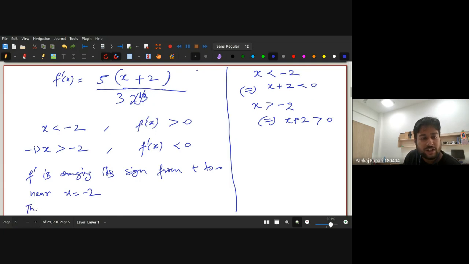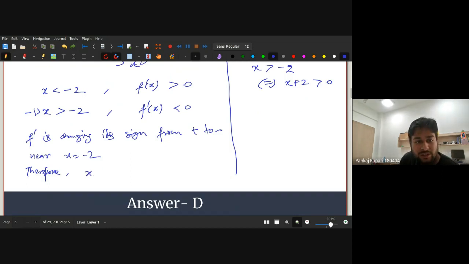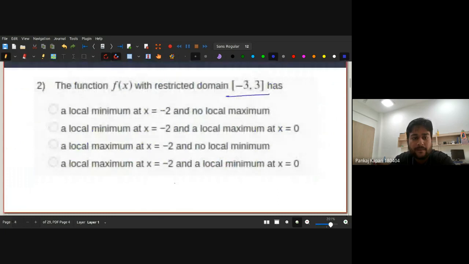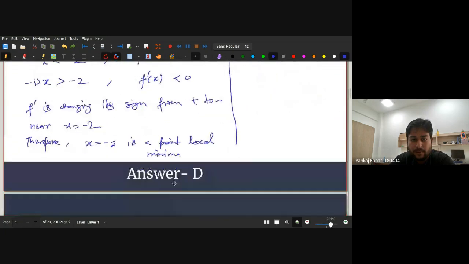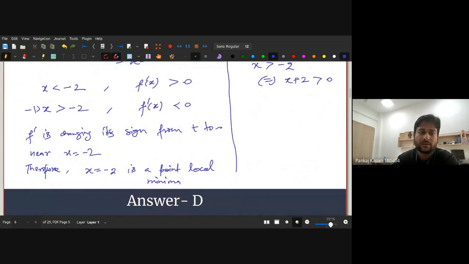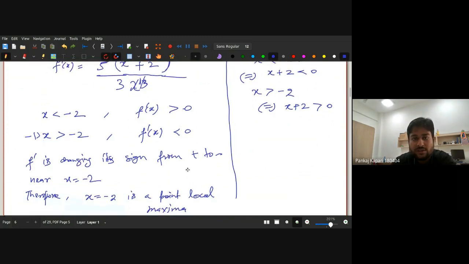Therefore x equal to -2 is a point of local, oh, it's changing the sign from positive to negative, so local maxima, not minima. So this comes from the first derivative test. Any doubts?